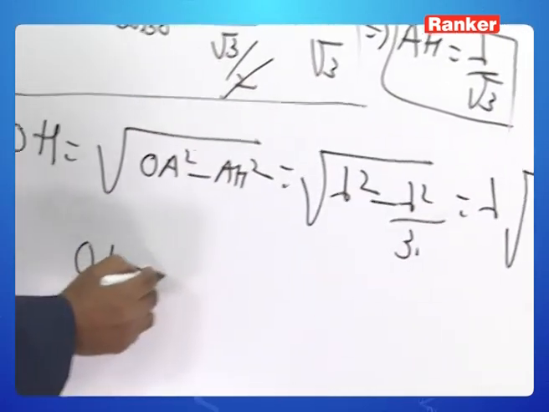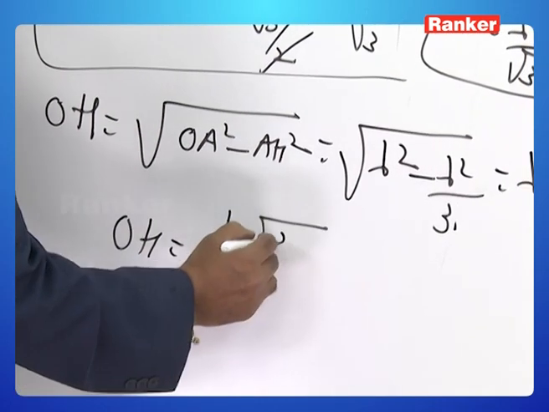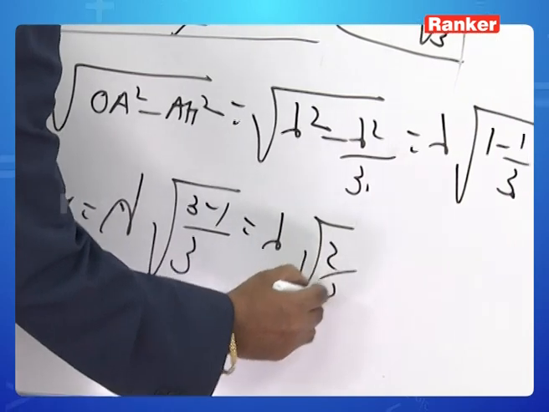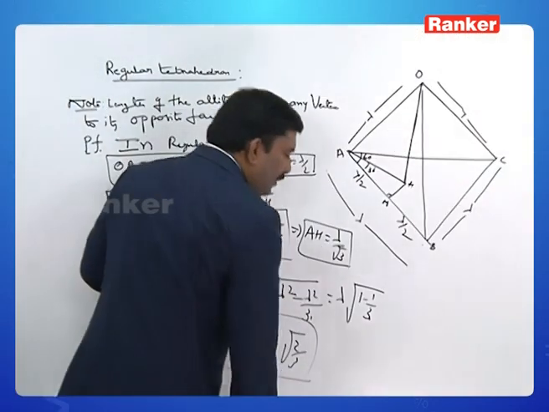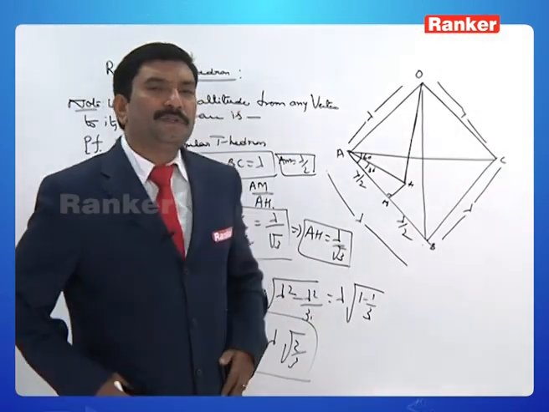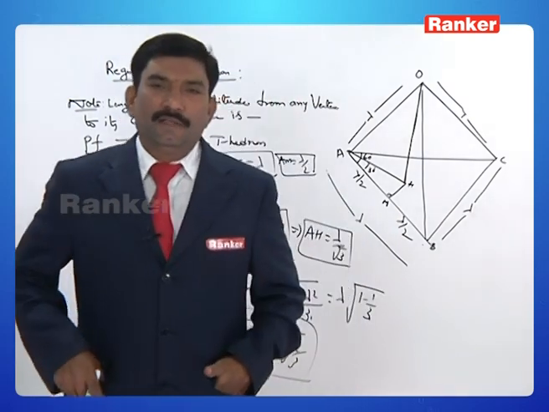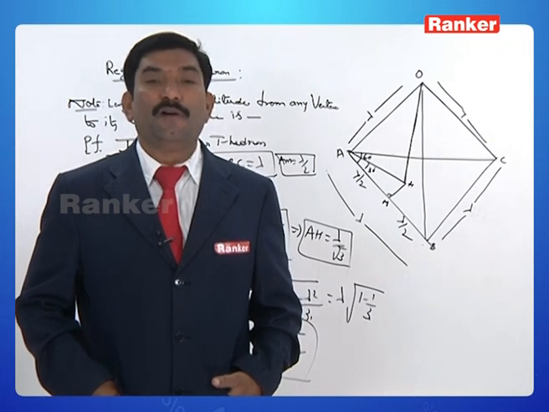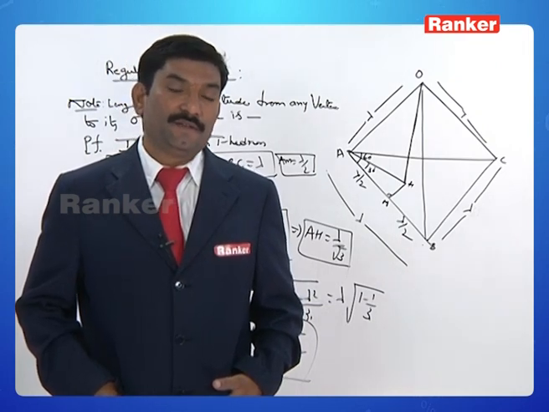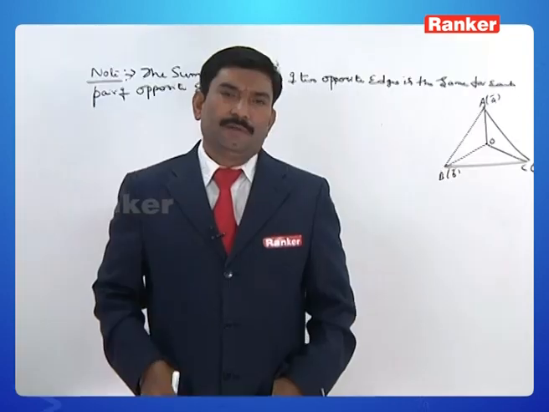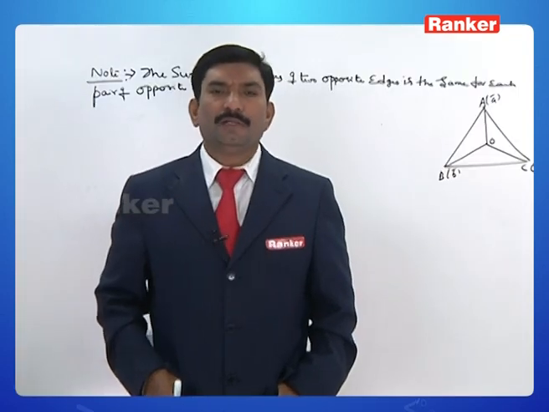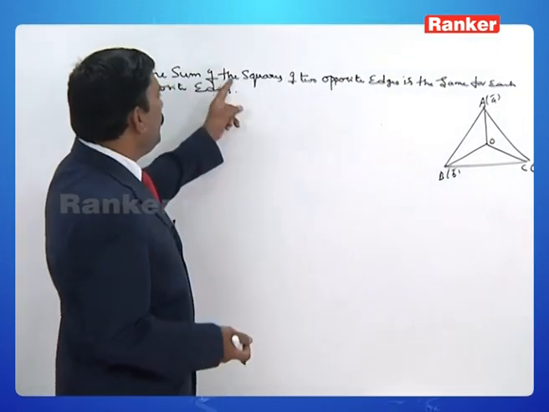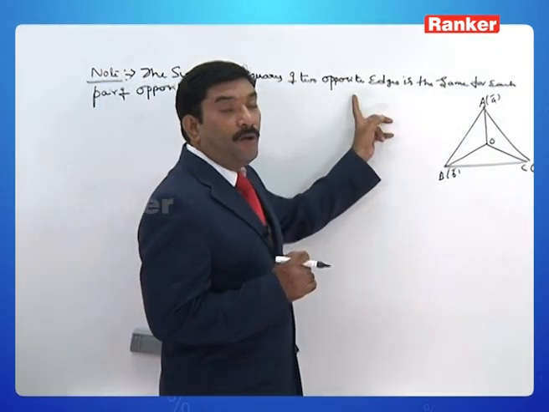Therefore, OH is equal to lambda into square root of 2 by 3. This is nothing but the length of the altitude from any vertex to its opposite face.